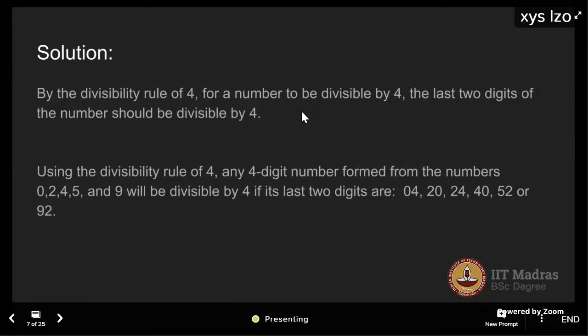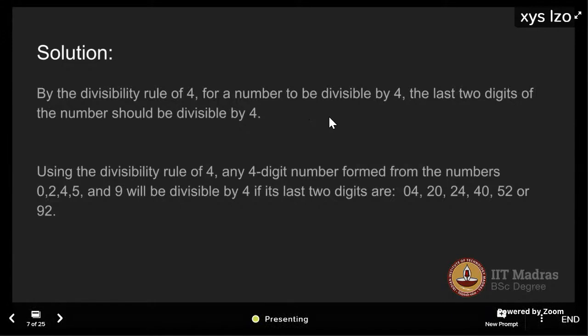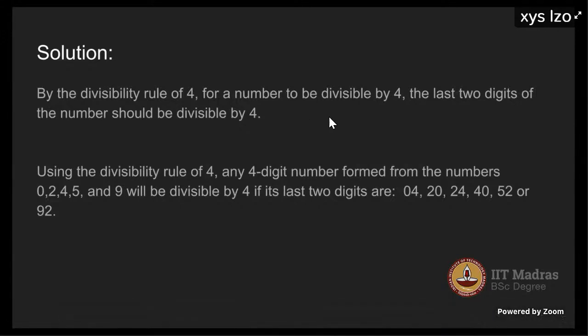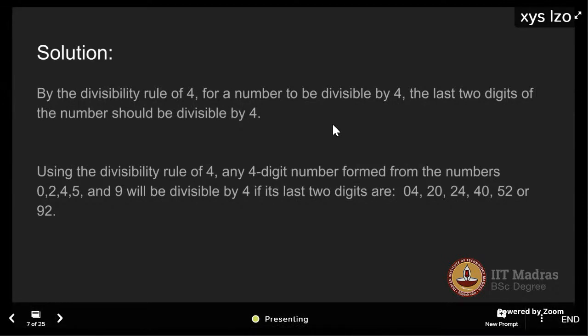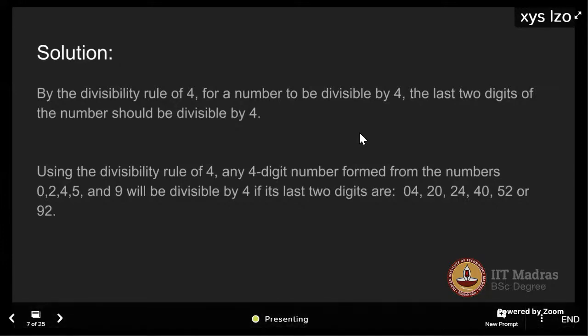The last digit can be 0 to 4 because 4 3s are 12, that checks. Then 4 5s are 20. Then 0 can be there, and only 4 can be there because 4 into 1 is 4. But what about these pairs of numbers, that is 04, 20, 24, 40, 52 and 92? How are we getting this?